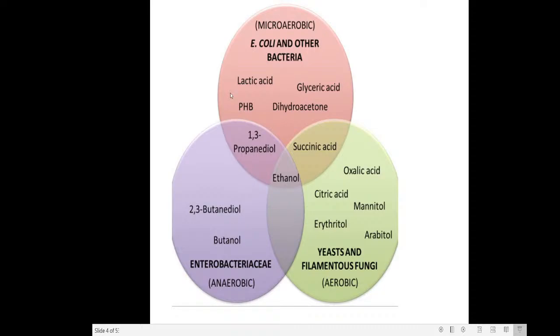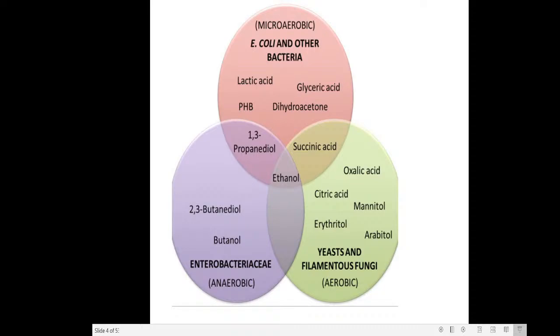For PHB, Bacillus subtilis species can easily produce that product.